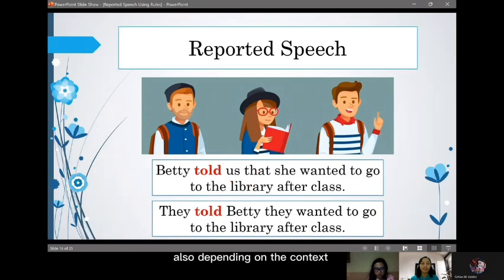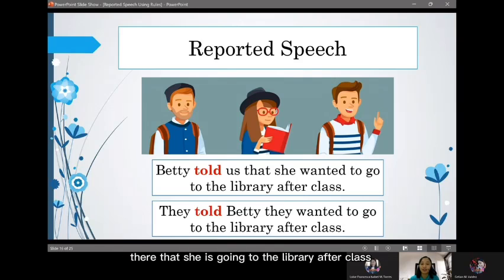Also, depending on the context, let's say that Betty did not only tell that she wanted to go to the library after class to a single person, to the guy earlier. Let's say that she also told that to her group of friends.